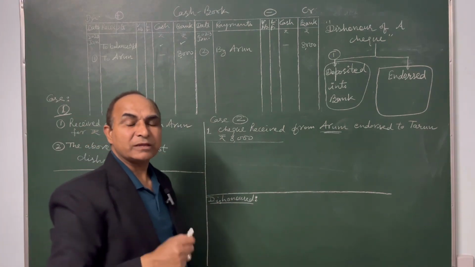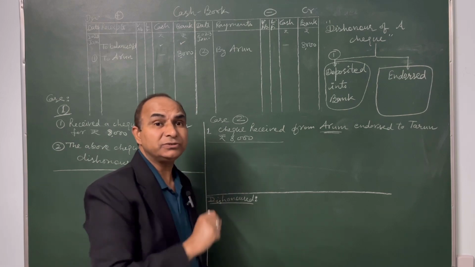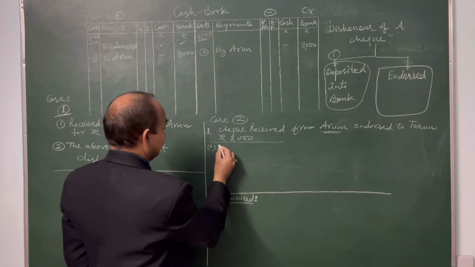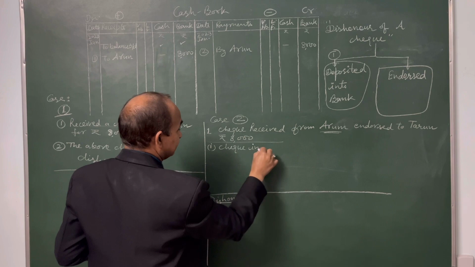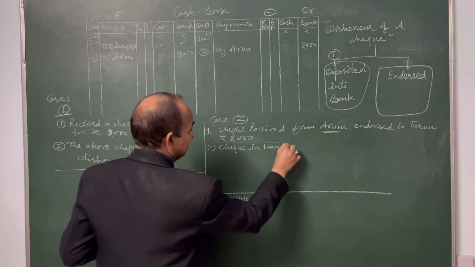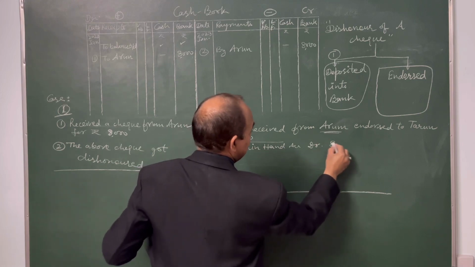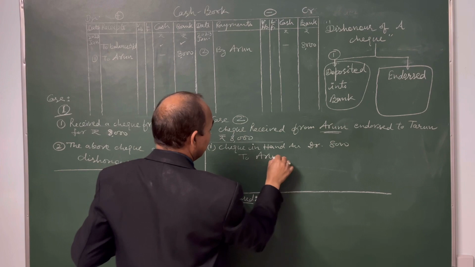Remember one thing, when a check is received and if it is not deposited into bank, we pass this entry. See this. Check in hand account debit, 8,000 to Arun, we received a check from Arun.